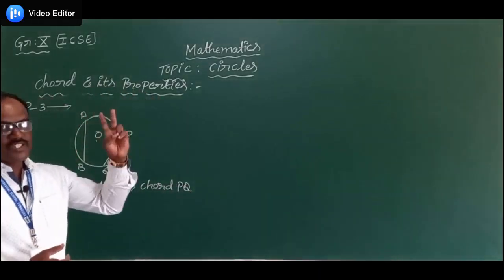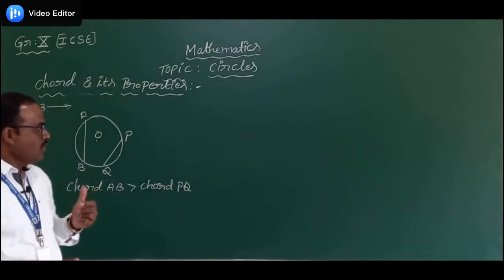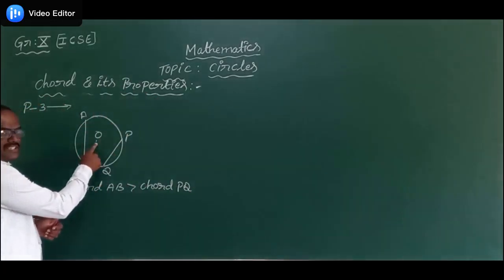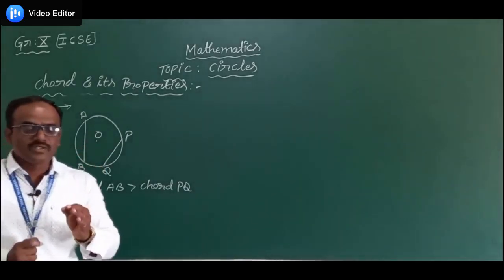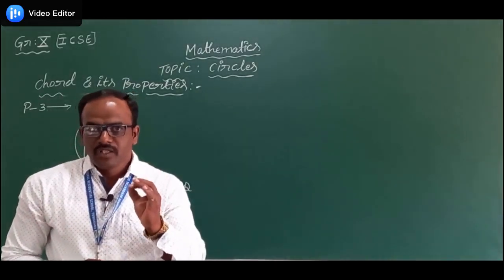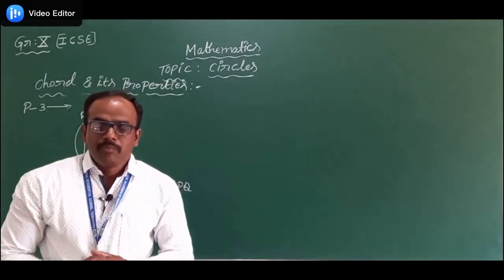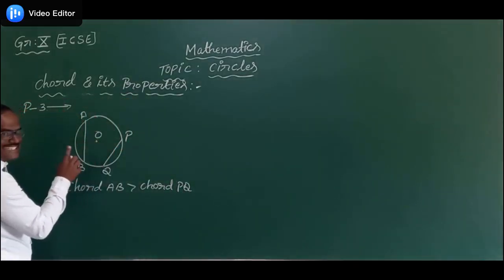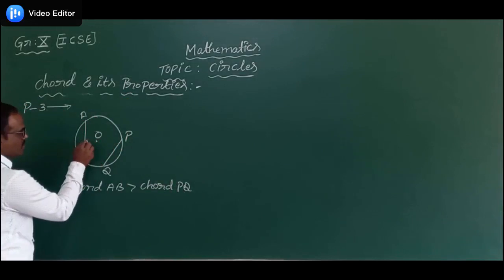Now, I want to tell you one more important term. After learning the first two properties of chords, the distance from the center of the circle to the midpoint of the chord is called the perpendicular distance. This is an important concept. Now I am going to draw the perpendicular distances for both chords.